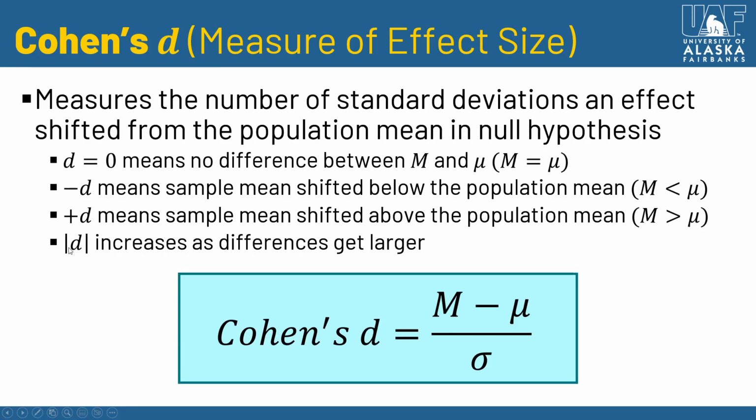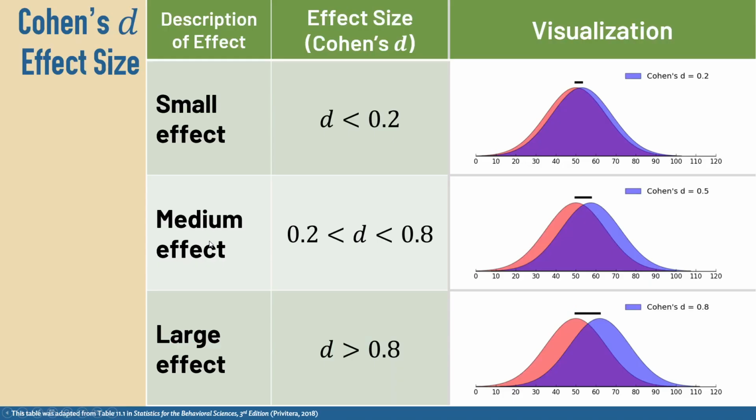And overall, the absolute value of D, so in other words, the value regardless of the sign, increases as the differences get larger, right? So if you'd like to have it all in one slide, here you have it. I guess one thing we haven't covered is some general conventions for interpreting these. These are very loose guidelines, and whenever you talk about guidelines in stats, it's always arbitrary, right?